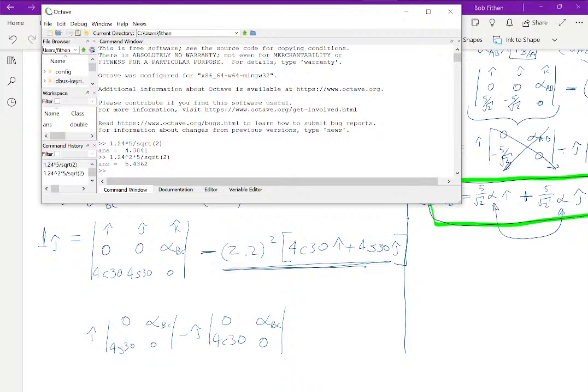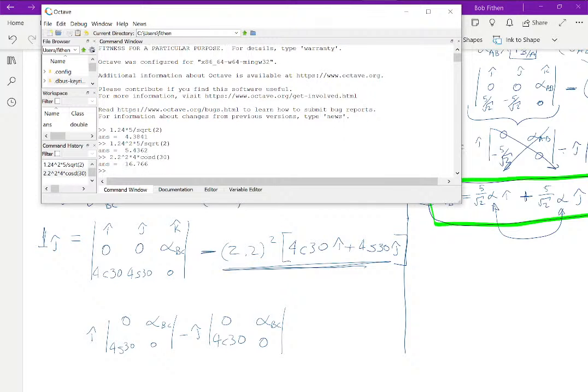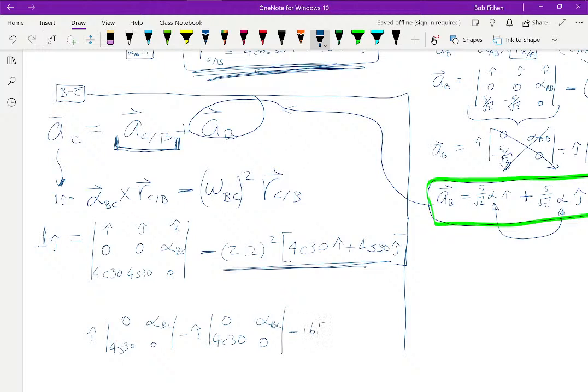Okay. 2.2 squared times 4 times cosine 30 degrees, 16.77. And minus, so I've got to get this one times that.